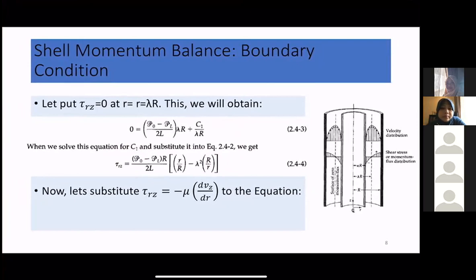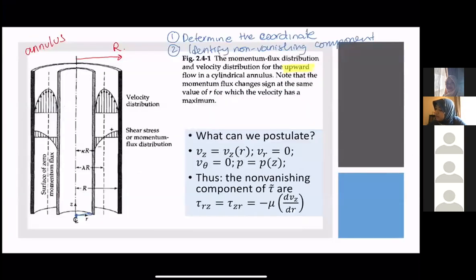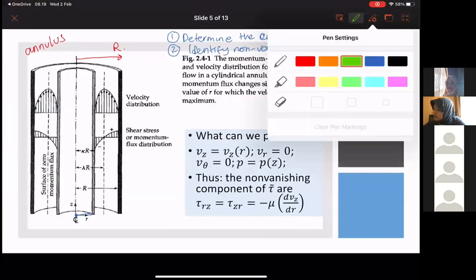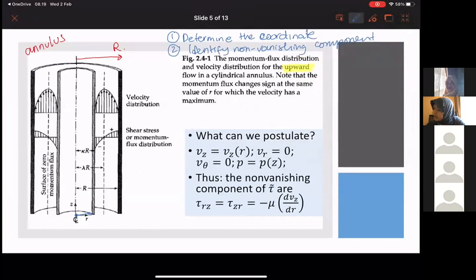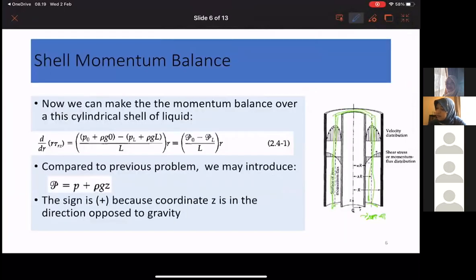To substitute the shear stress. We should substitute the tau rz into Newton's law, right? Okay, so let me write from the beginning again here. So usually this is to identify the non-vanishing component, and then develop the shell momentum balance.